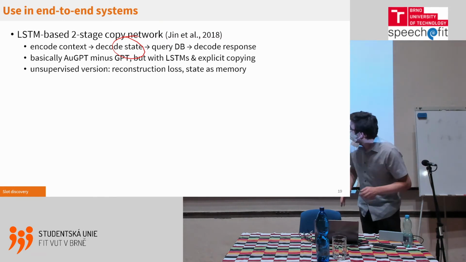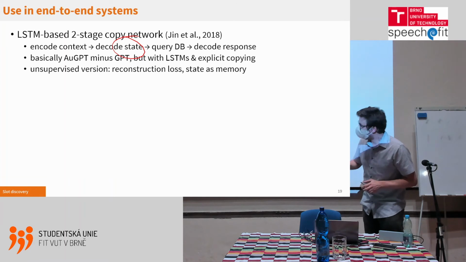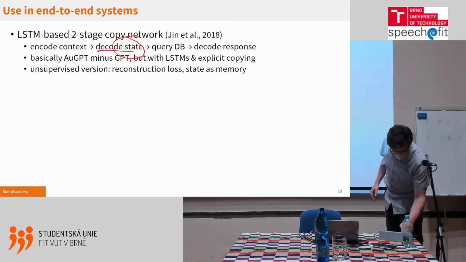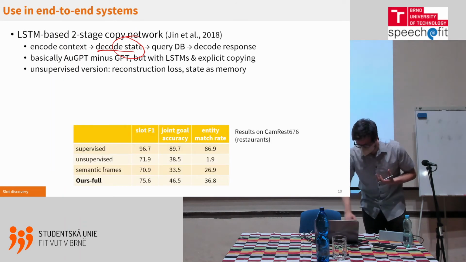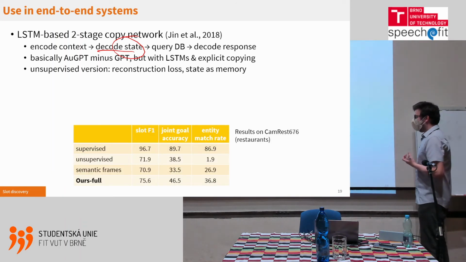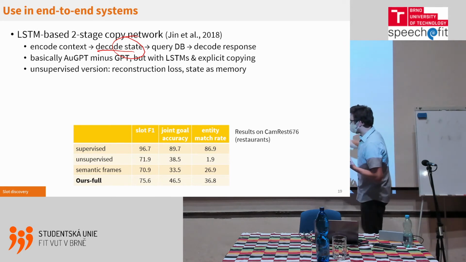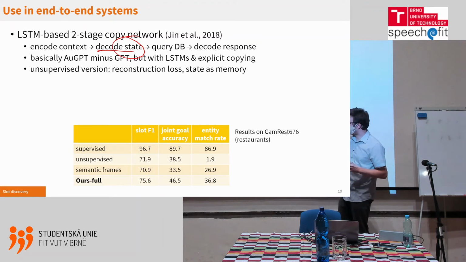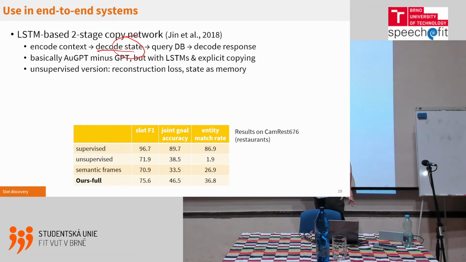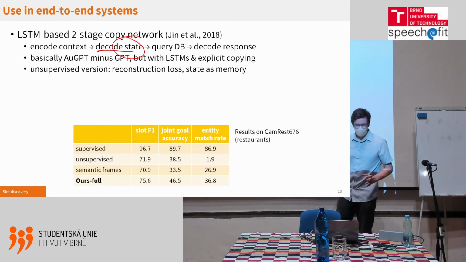So you have an unsupervised version where it's not using any state annotation, so we can relatively easily compare to that. And what we measured here is slightly different from the previous case, but we still have slot F1. The entity match rate is basically the success rate, more or less. And the goal accuracy is an exact match for state tracking over the whole dialog.